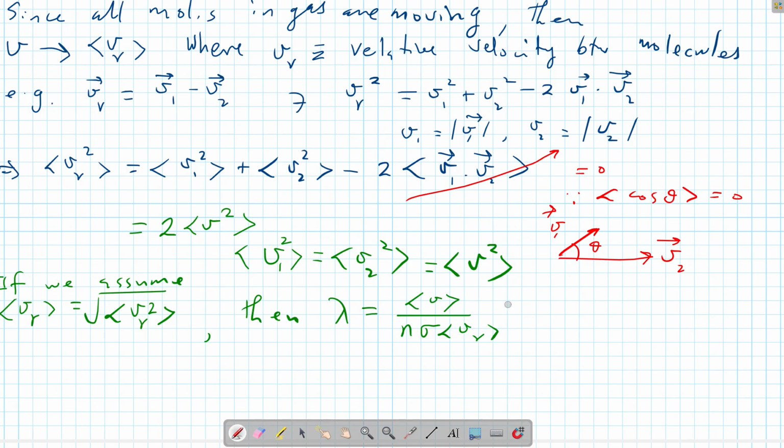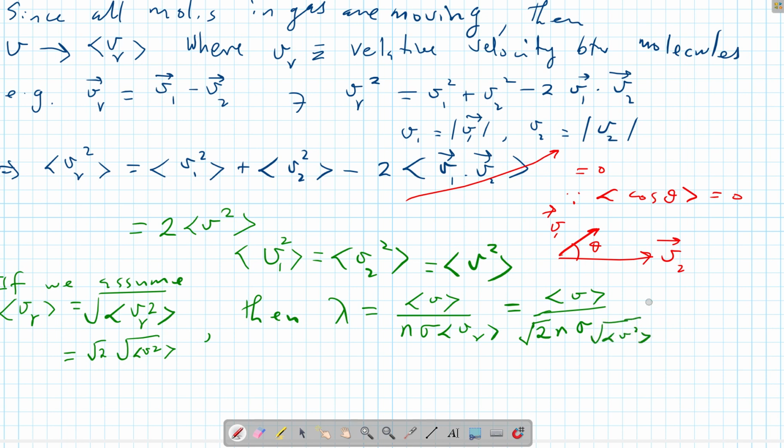And substituting, this is going to be equal to 2 n sigma, so it's going to be the square root of 2, if we take the square root here, times the square root of the average velocity squared.